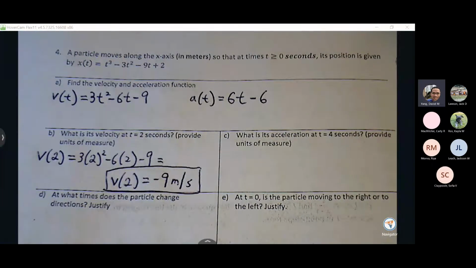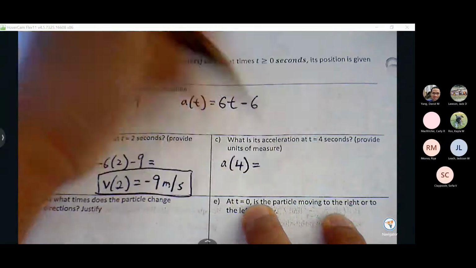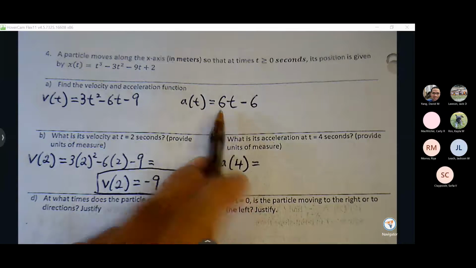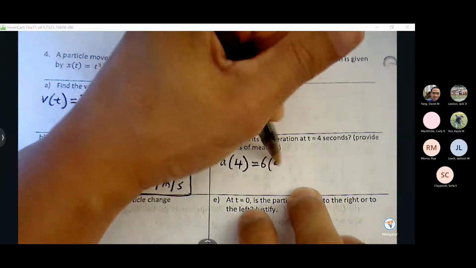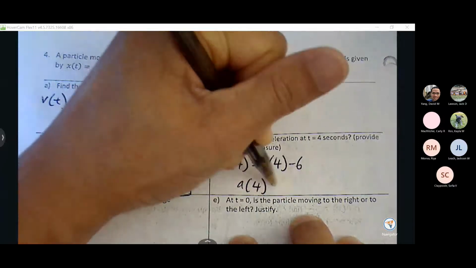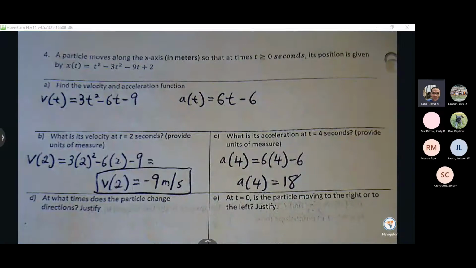Okay, what's the acceleration at 4 seconds? 4 in for t. 18.